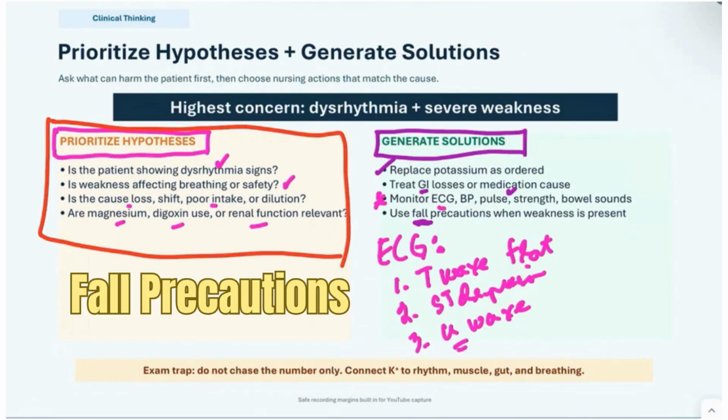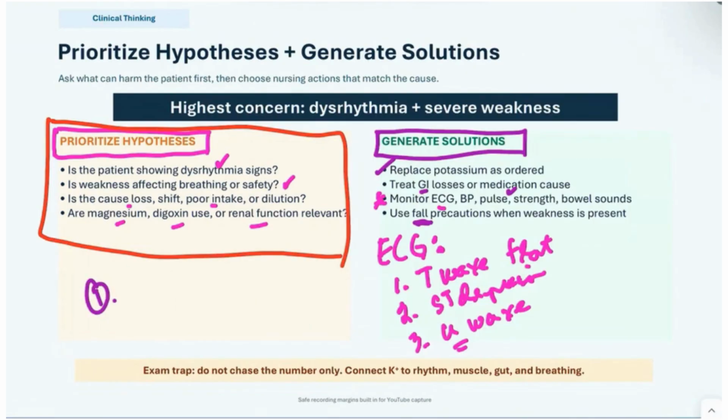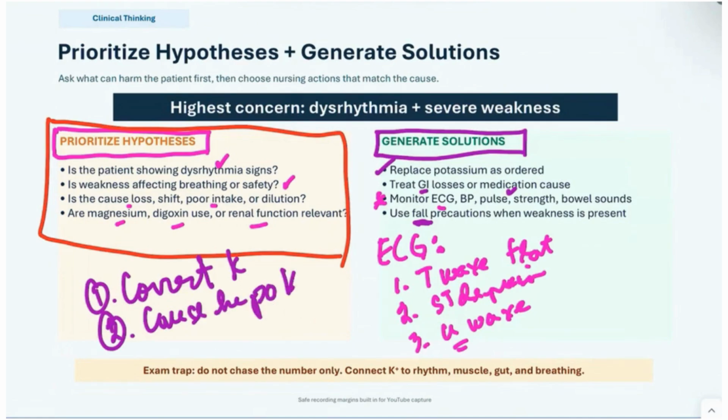The first part, I'm going to write it down: we're going to correct the potassium. And the other part of the plan is to figure out the cause of hypokalemia and to treat the cause of hypokalemia.